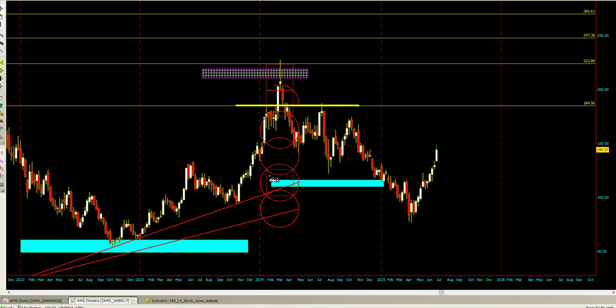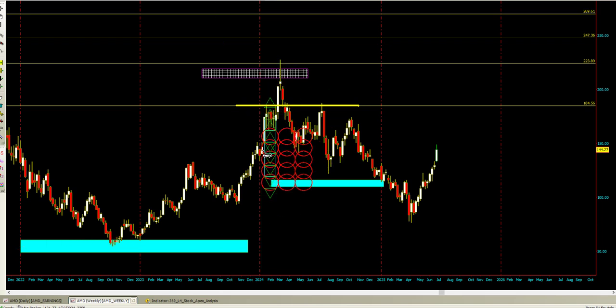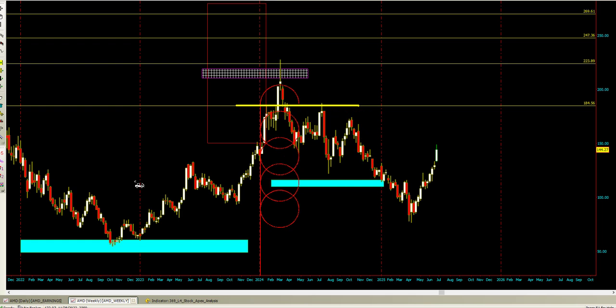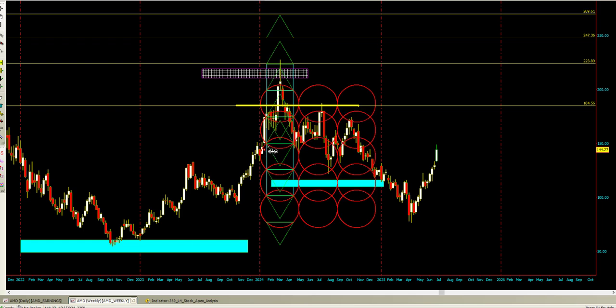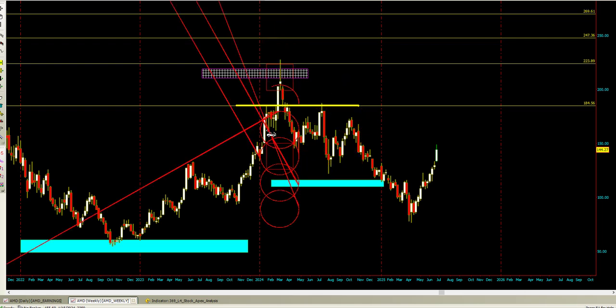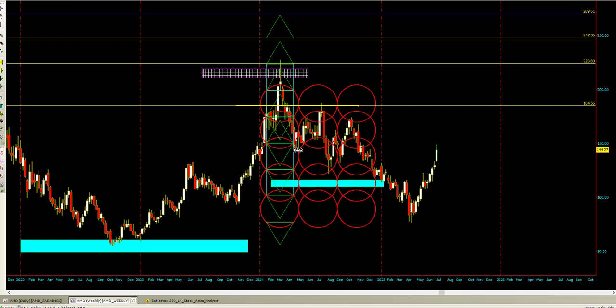Alright, and then also we need to understand some other scenarios where we can also use this for what we call a timer. Remember, this is the exhaustion bar coming up, market is blowing off.